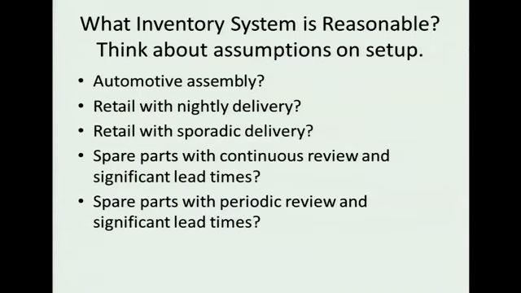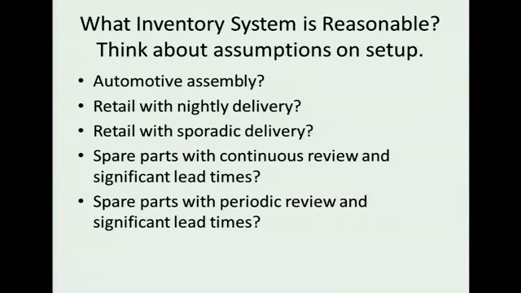Make sure to know what inventory system is reasonable. So you're doing automotive assembly. Which one of these is the closest? What inventory system most closely matches an automotive assembly line? Somebody guess.